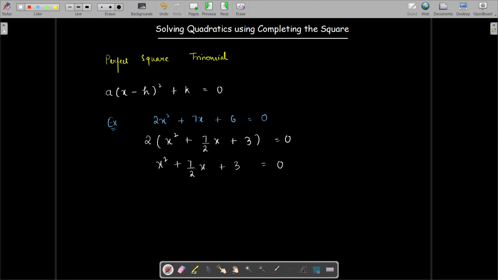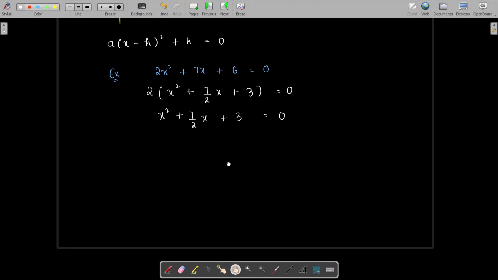Now the first step in completing the square is to identify the value of b. So b here is 7 over 2.